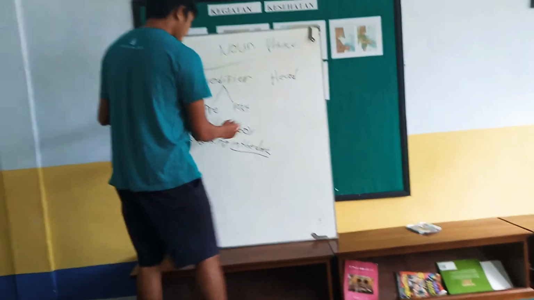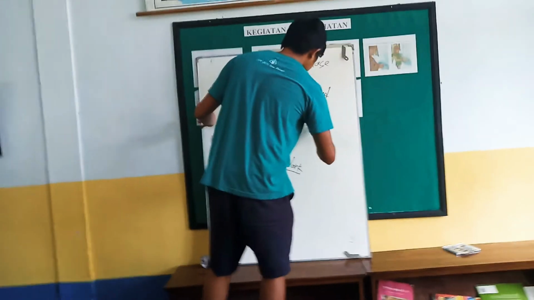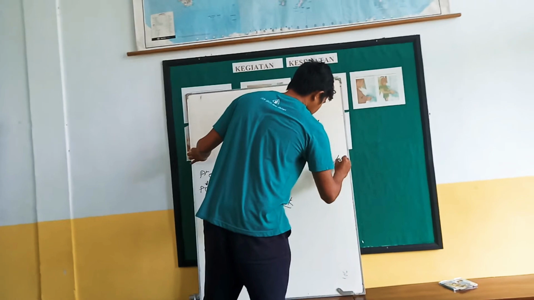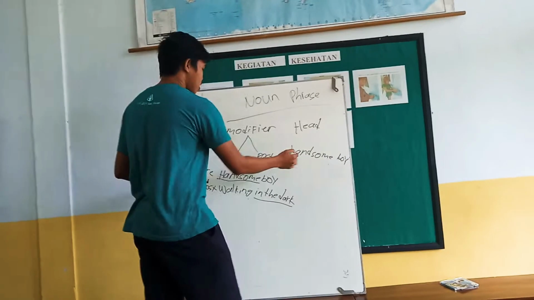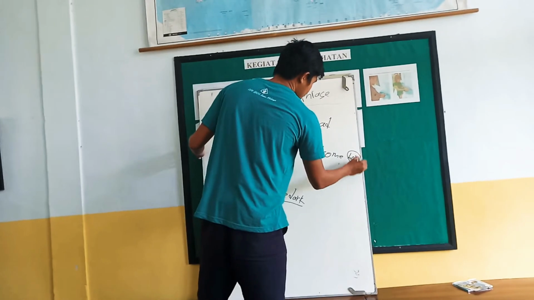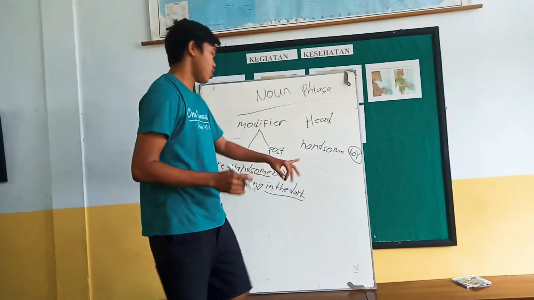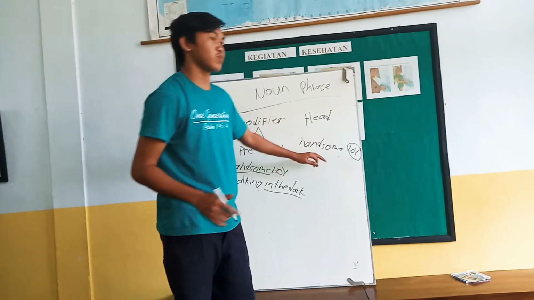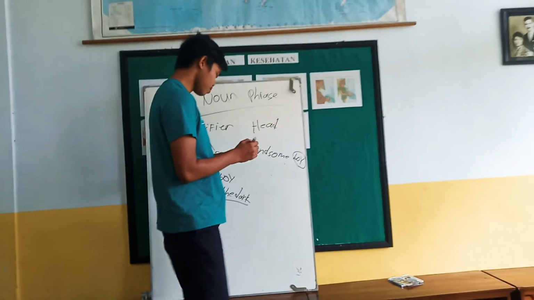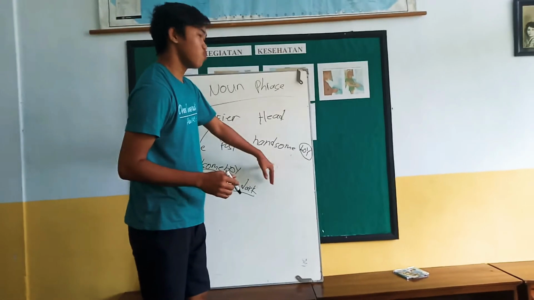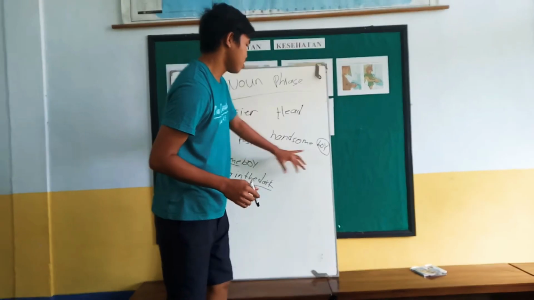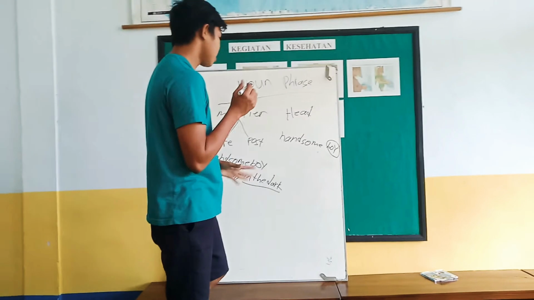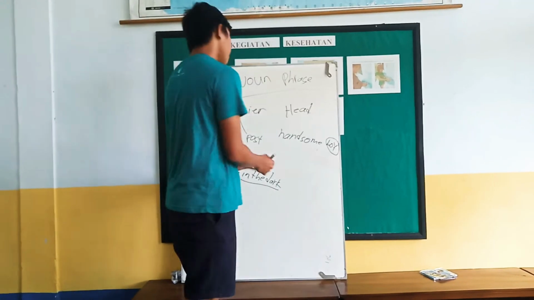For example, in handsome boy, boy is the head because boy is described by handsome. There is no handsome described by boy. So that's all about modifier and head.